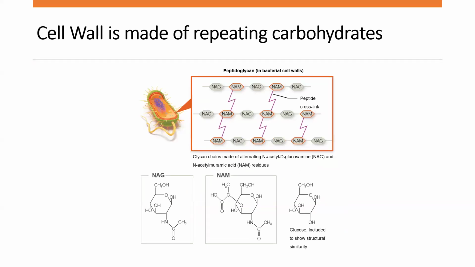And so when you look at the cell wall structure, like I said, we have these NAG and NAM subunits, and you can see that they are very similar in structure to glucose. So here's our glucose molecule on the right-hand side, and then we have our NAG and then our NAM. These two molecules are similar as well, and basically these are just a type of carbohydrate.